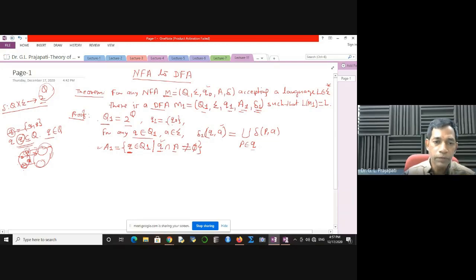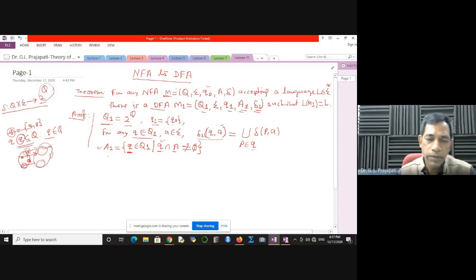So here, for the conversion of the NFA to DFA, we have seen the set of states in the DFA. We have also seen the initial state of your DFA, and how you can define the transitions of your DFA on behalf of the transitions of your NFA. And finally, we have seen what the accepting states of your DFA are.